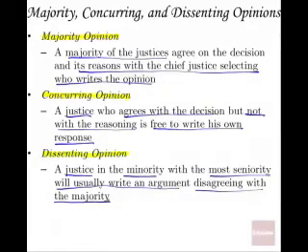Basically, it's indicating that one person's view of the law is going to be different than another individual's view of the law. So again, it just goes to show you that Supreme Court justices are human just like anyone else, and the idea that they have a lot of power.